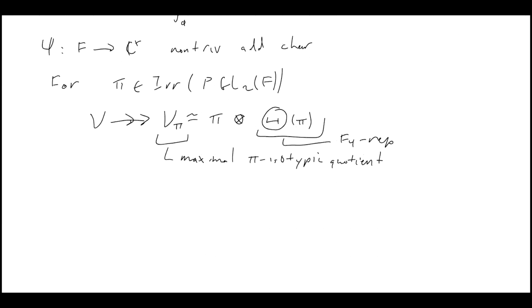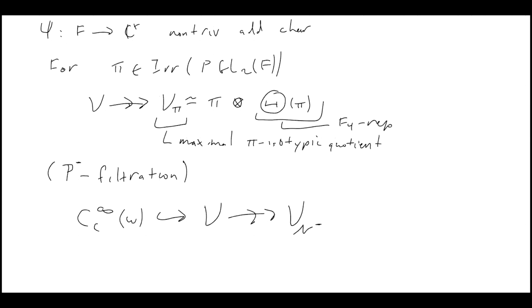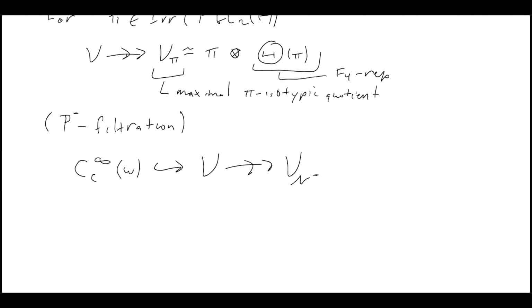All right, in our analysis last week, we had two important tools. We'll see both of them again, but I want to specifically remind you about one. We had this P minus filtration, where P minus means opposite, of the minimal representation. We can project the minimal representation onto the N minus coinvariants, and the kernel of that projection can be modeled on smooth, compactly supported functions on this set omega.